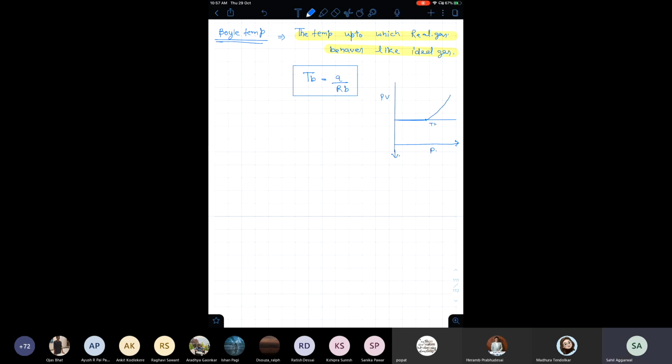After that temperature, real gas deviates from ideal gas behavior. That particular temperature is called Boyle temperature. This should also be known.